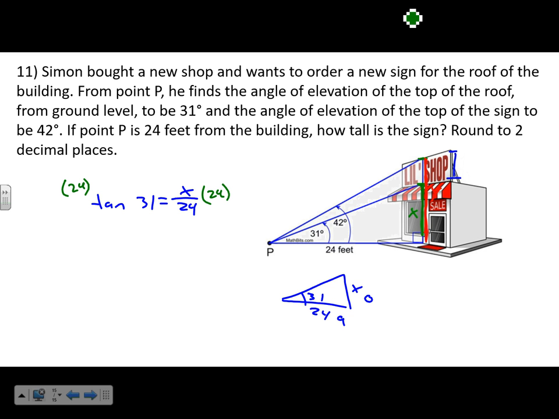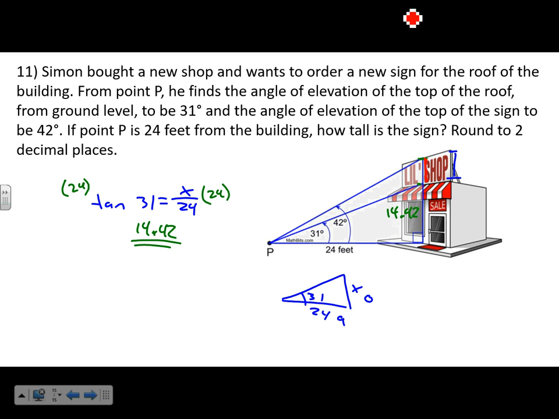You end up getting 24 times the tangent of 31 is 14.42. It says 2 decimal places, so I'll leave it at that. So 14.42, that is to the top of this building. Again, you can't really see it too well, but that's okay.